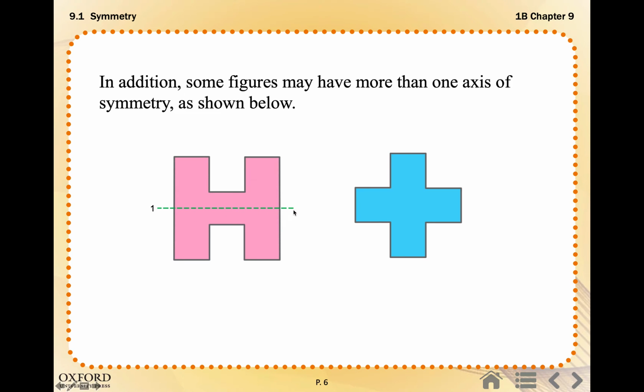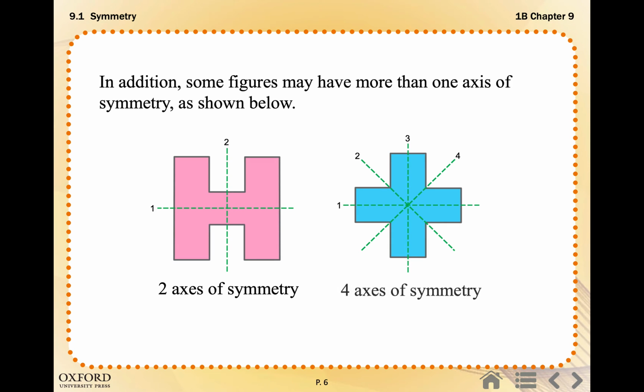And this is one of the axes of symmetry. Also, if I draw a vertical line here, I can get another axis of symmetry. So for this figure, there are two axes of symmetry. And for the second figure here, there are four, because we can draw in this way. That's why there are four axes of symmetry.